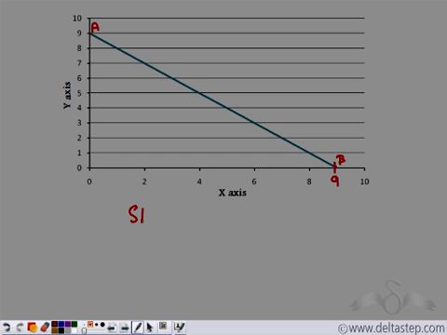Now we move from left to right, that is from A to B. So slope is equal to rise by run. In moving from A to B, what is the rise? That is change in y coordinate. The rise is this. But it is actually a fall because we are moving like this. So it is not a rise, it is a fall from 9 to 0. So it is a fall of 9 points. So we say that rise is minus 9.